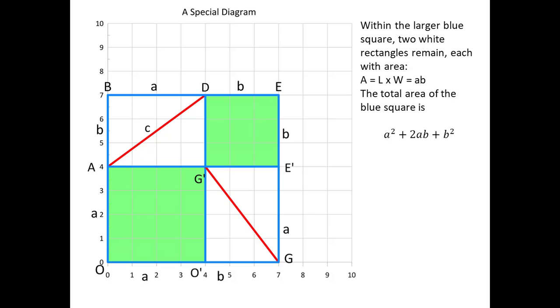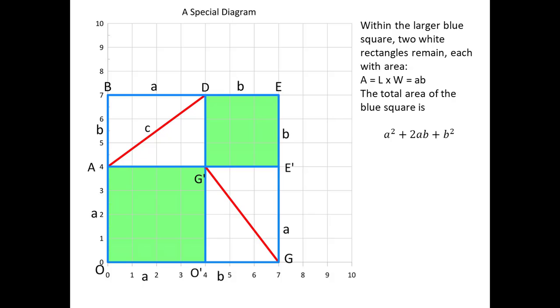So if we add up the total area of the blue square, we have the a squared lower left green area, the b squared upper right green area, and then two of these white rectangles that have the area a times b. So in total, the whole area can be added up as a squared plus 2ab plus b squared.